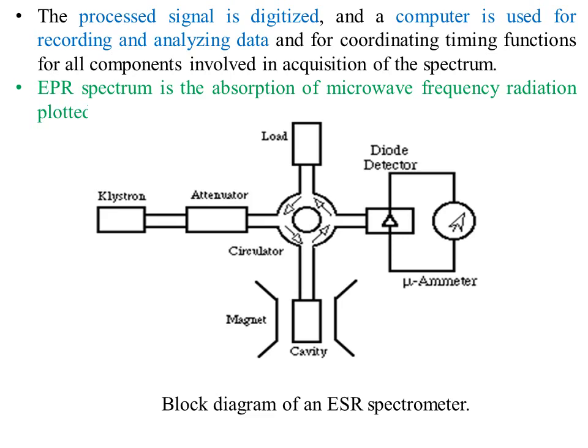The klystron tube produces an oscillating electric field which produces microwave radiations. The purpose of the attenuator is to adjust the microwave radiation. So part by part, you should understand the working of each component of the EPR spectrometer.